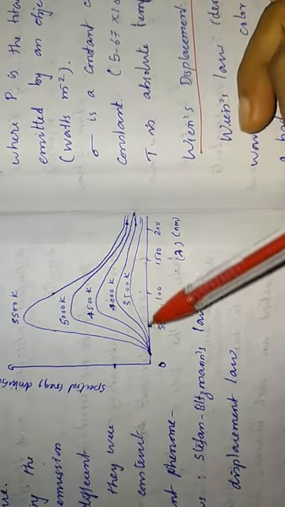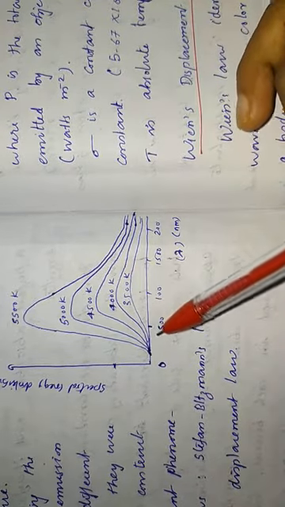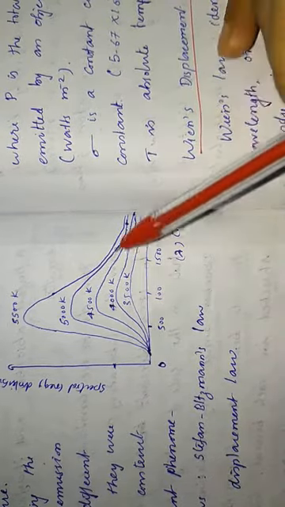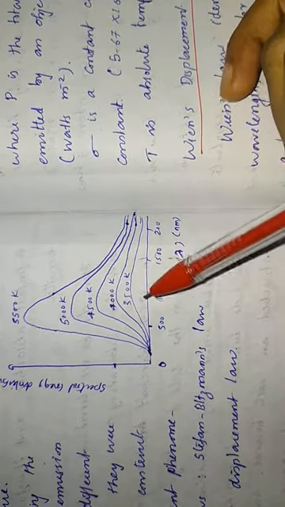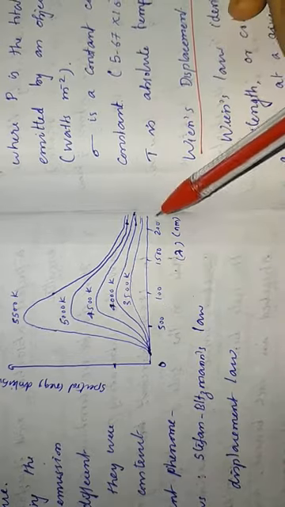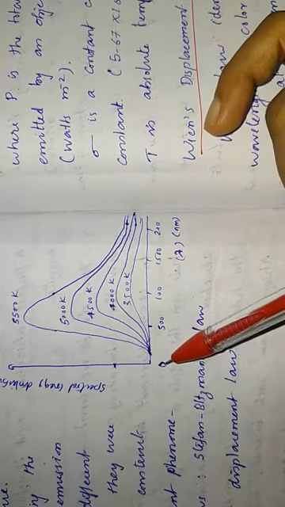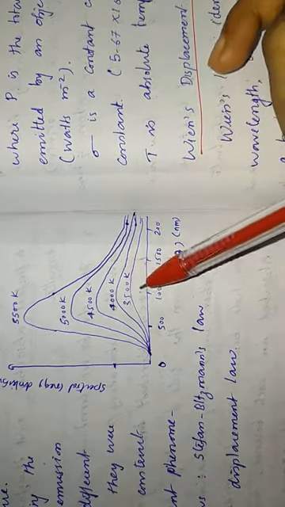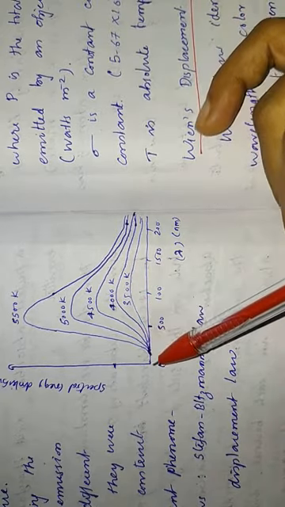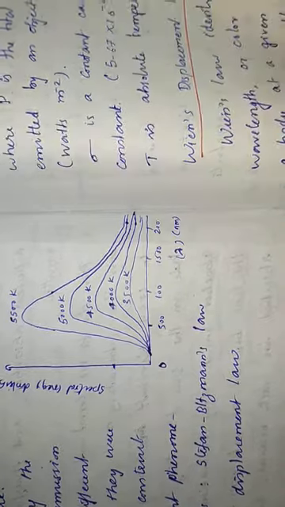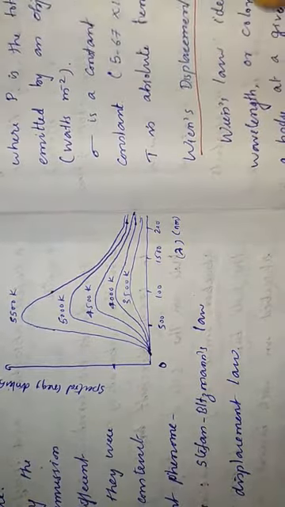You can see from this figure that this is the wavelength and this is the energy distribution. This is the increasing order of wavelength, so this will be the increasing order of frequency. As the frequency goes higher and higher, the energy falls to zero. That's what is seen experimentally.